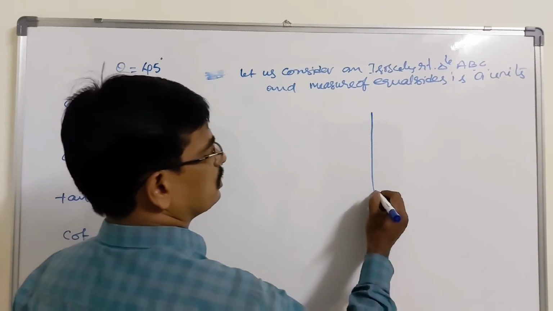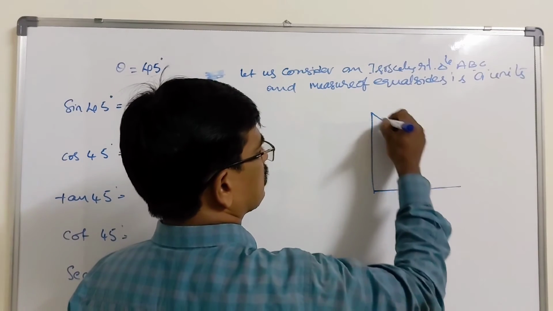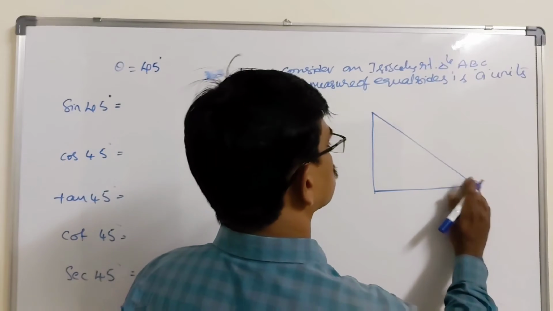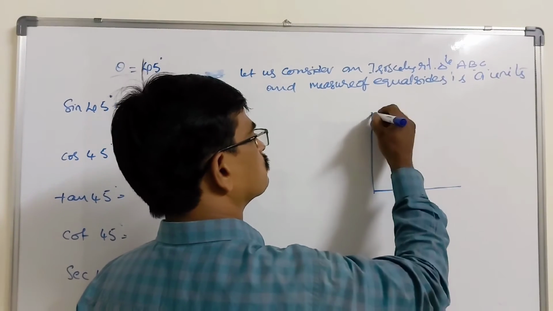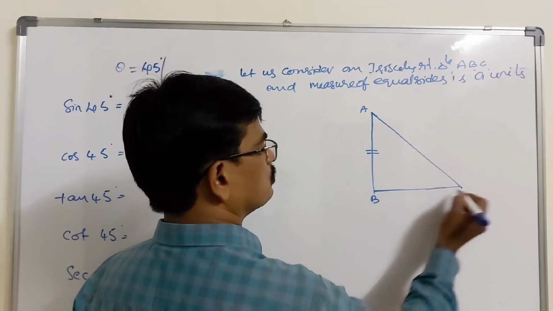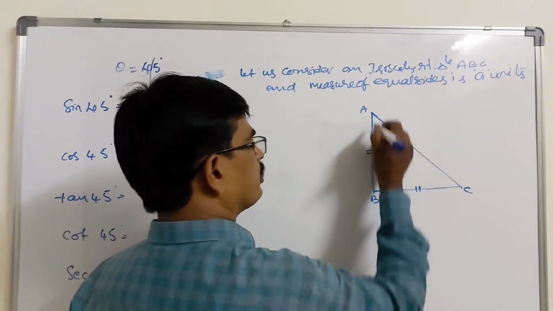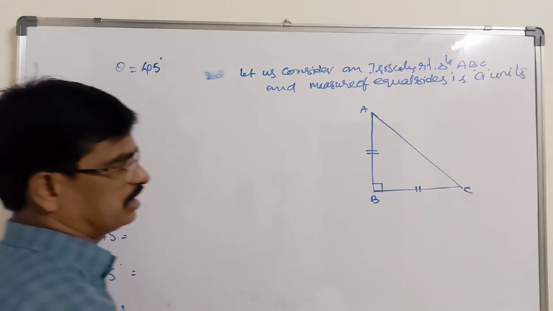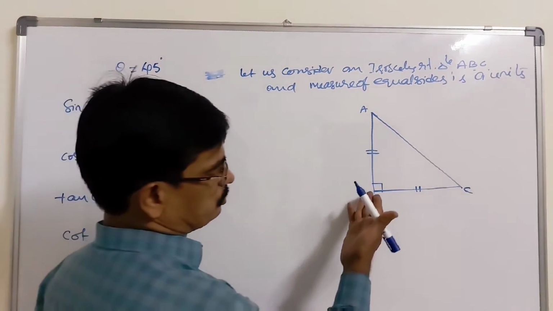So now let us draw an isosceles triangle, where AB is equal to BC. Since it is an isosceles triangle, the two sides must be equal, and the equal sides include the right angle.